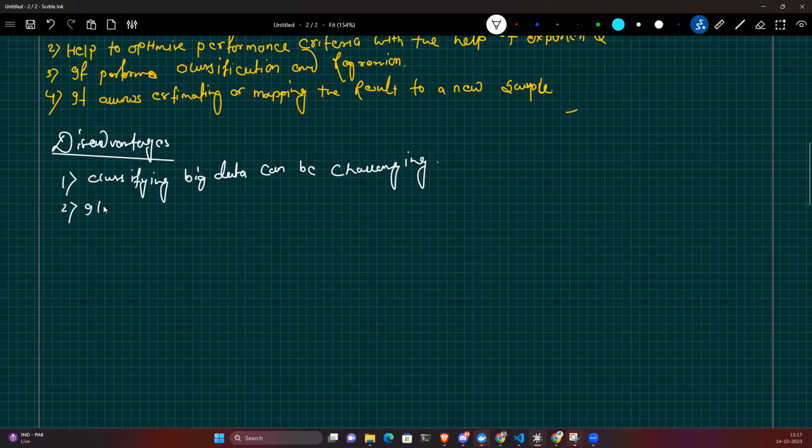it requires labeled data. Sorry. So let's suppose you have millions of data points, right? Right now your supervised machine learning capability is to learn only 1,000 or 10,000 data points. If you give your child millions of data points to learn, then it might forget the previous ones. So it is not able to carry forward all the learning from the previous section.